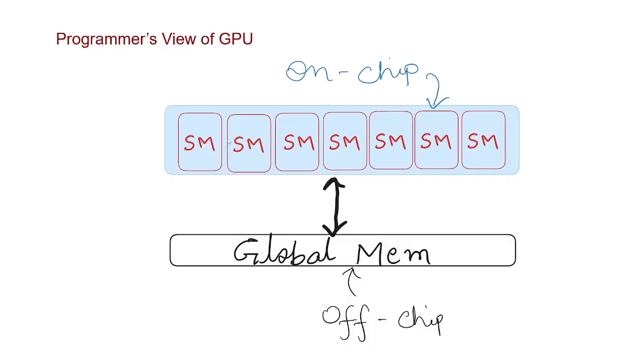On an A100 GPU, we have 108 streaming multiprocessors, and each streaming multiprocessor executes a block. So thread blocks get mapped onto these streaming multiprocessors, and this is really the physical link. Each streaming multiprocessor can execute a few blocks concurrently.